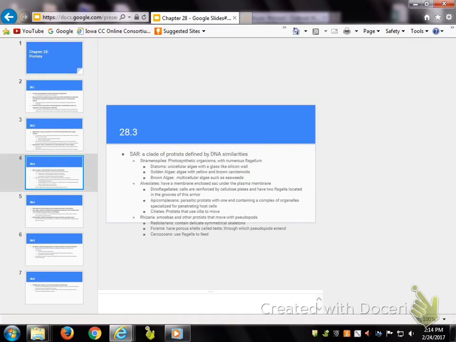And another part of the SAR clade is the Rhizaria, and those are amoebas and protists that move with pseudopods, which is like them blobbing out and dragging themselves toward that part of their body. Part of that are the Radiolarians, which contain symmetrical skeletons that radiate out from their center, kind of like a spider web, sort of.